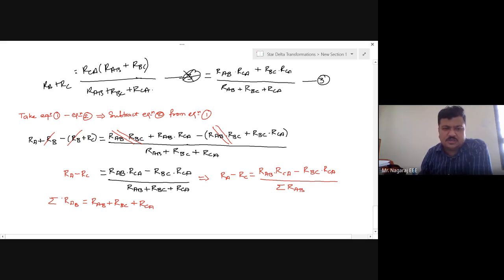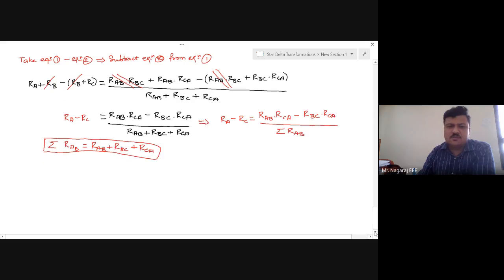This summation has no mathematical significance like a range or anything; it is simply a representation, the sum of all the delta connected resistors, just to have a shorter form. Now take this as equation 4.